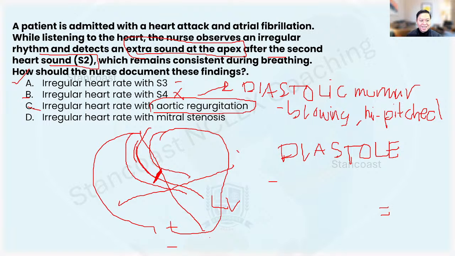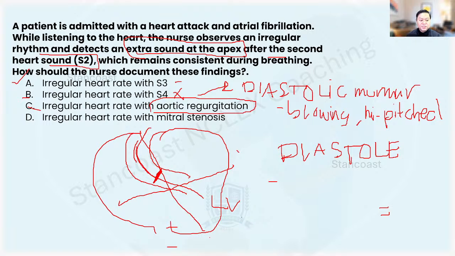But then again, this is not going to relate to the scenario that we are being asked, because the aortic regurgitation murmur actually will occur immediately after the S2.